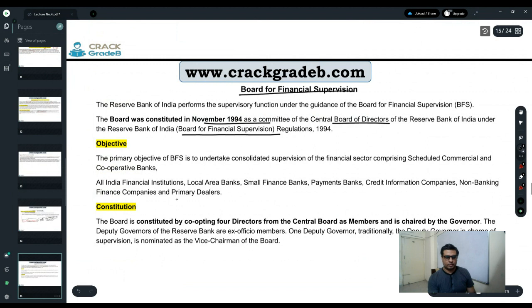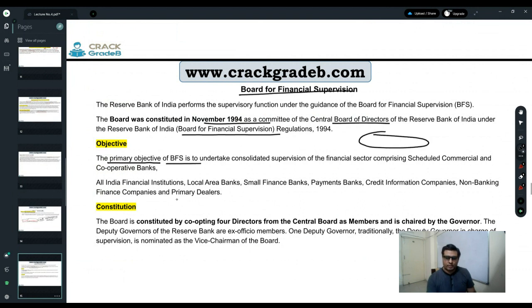What is the objective? The primary objective of the Board of Financial Supervision is to consolidate supervision of the financial sector comprising scheduled commercial banks and cooperative banks, all India financial institutions, local area banks, small banks, payment banks, credit information companies, means the entire financial intermediaries.